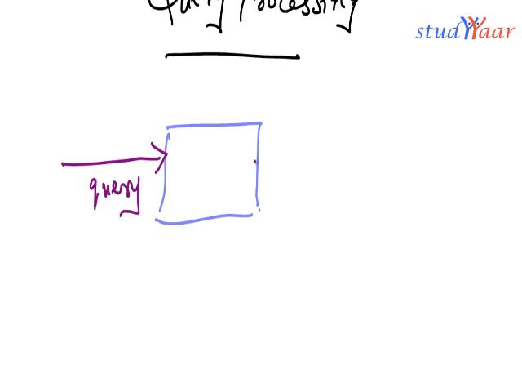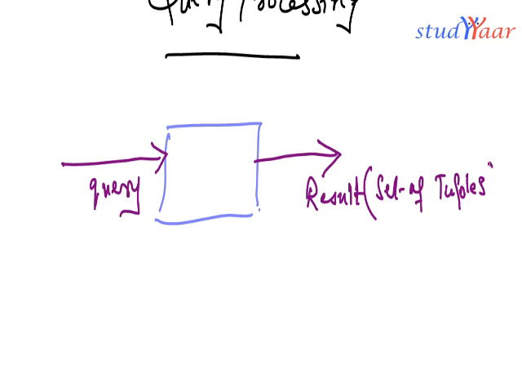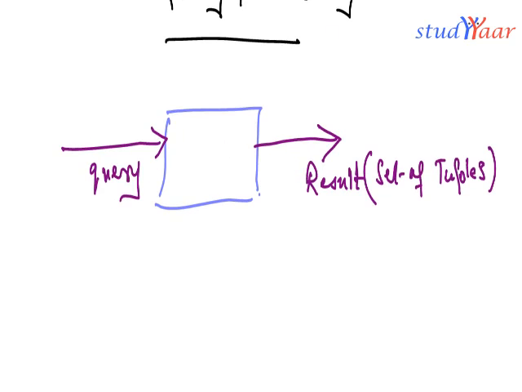You can think of it as a black box: my query goes in from here and out comes the result, or a set of tuples if it is a relational database. This entire process is known as query processing.